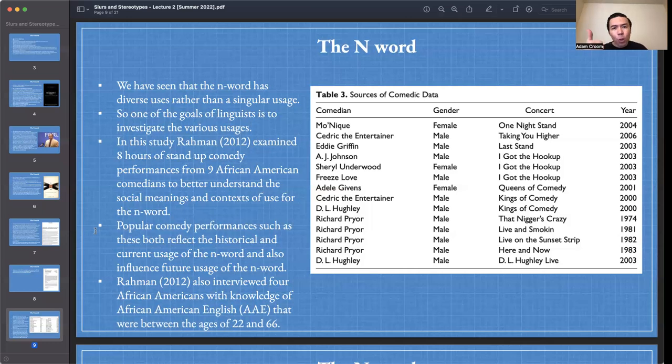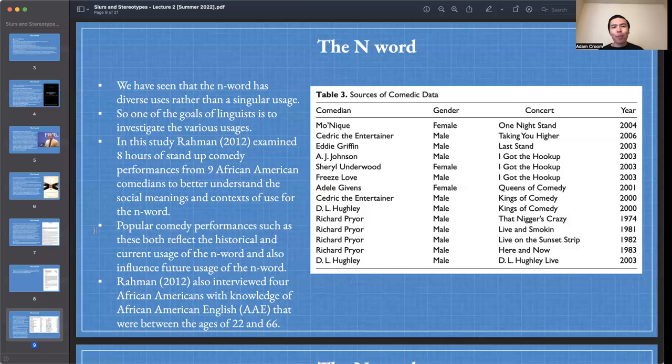Okay, so also, I want to point out that not only does stand-up comedy give us insight into the meanings of slurs, stand-up comedy performances and other forms of popular media, because they're so widely accessible and watched, also help to influence future usages.